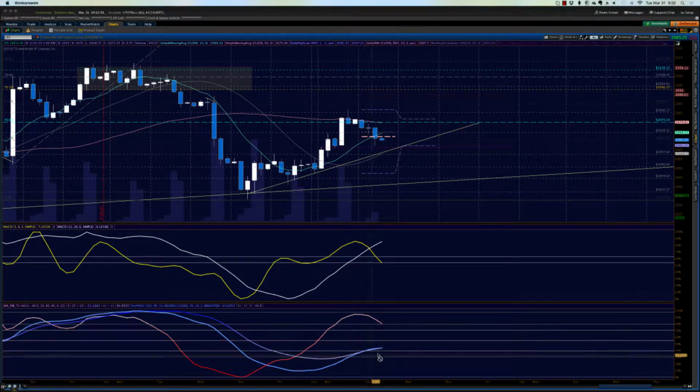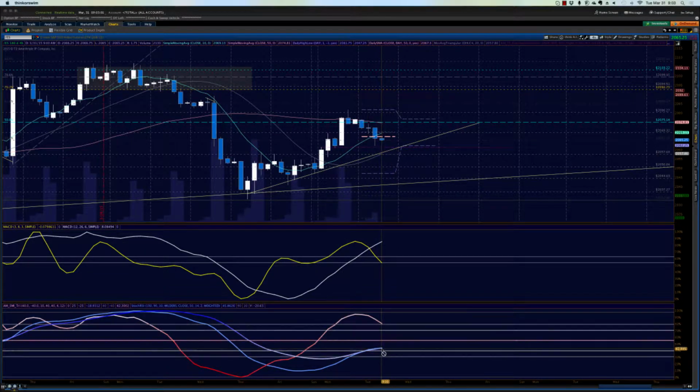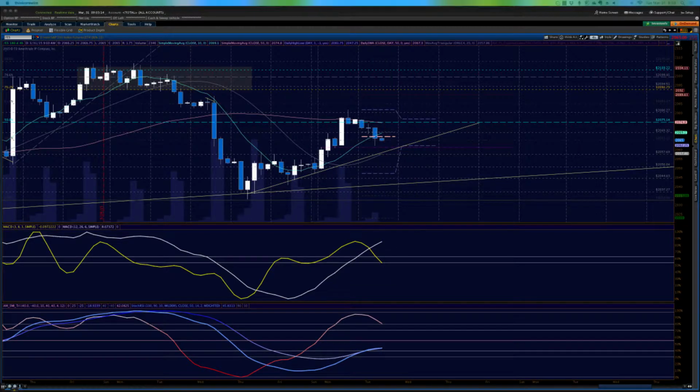Slow SMI, stochastic RSI, sitting in neutral to negative territory. If we are sitting below this mid-range area, 35, 40, that sort of thing, we are really just still fairly in negative trending territory.